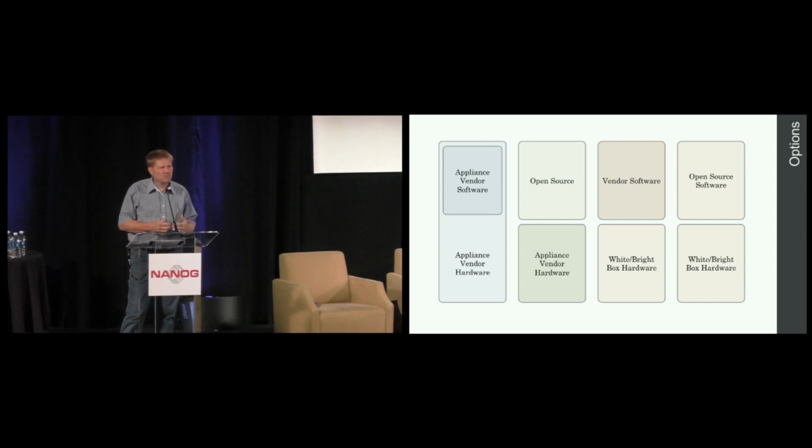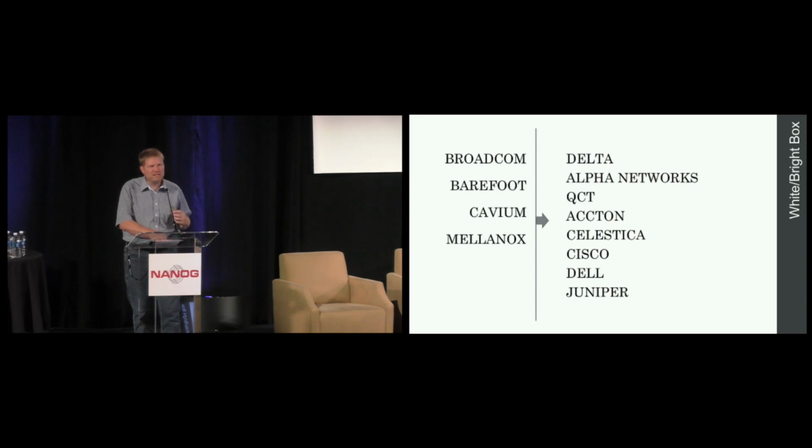Or I can go the other way and buy a Dell and consider Dell my vendor, or a Lenovo or whoever else, HP, it doesn't matter, and I can run Linux on top of it. So those are the two types of models we're talking about there. There are all sorts of different ways of doing this. The main thing is deciding what you want to own and where you want to own it.